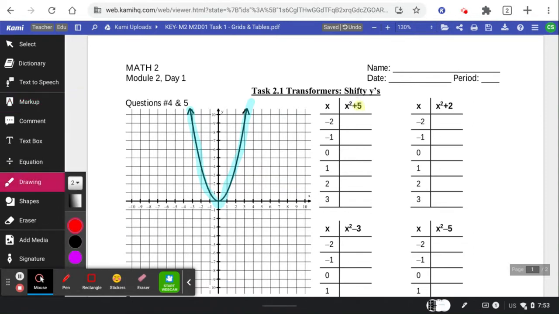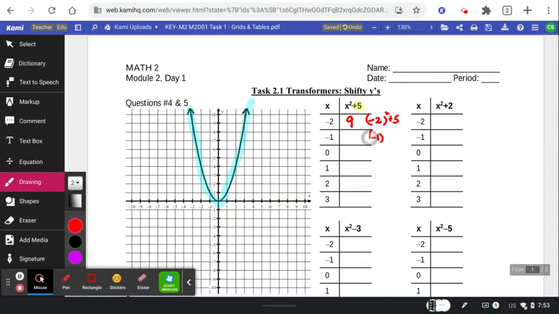Let's go plug in some values and see what happens. We're plugging in a negative 2 right here. Negative 2 squared plus 5. I'm actually going to show the work on the side. Negative times negative is positive 4 plus 5. That would be 9.